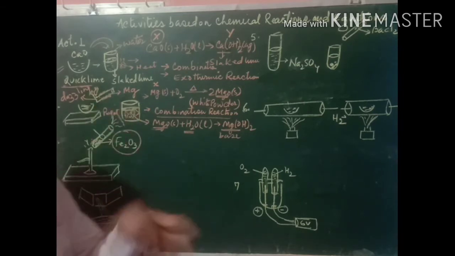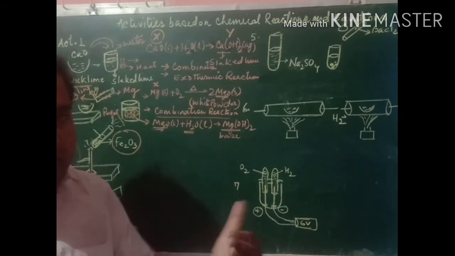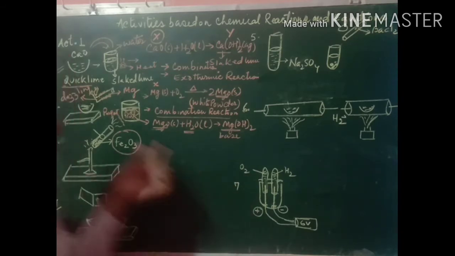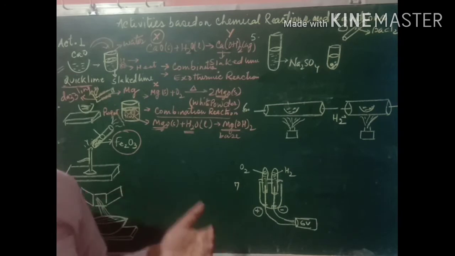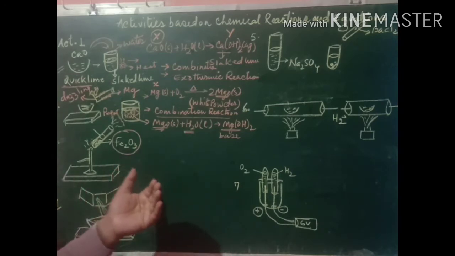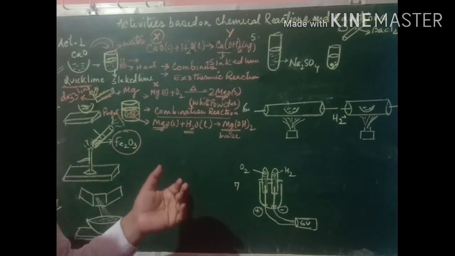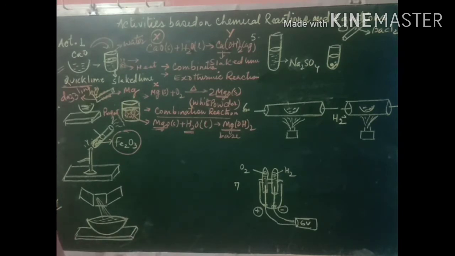Pungent means you cannot keep your nose directly where the gases are evolving, as there may be a burning sensation in your nose. Okay students, that's why this activity is done carefully.